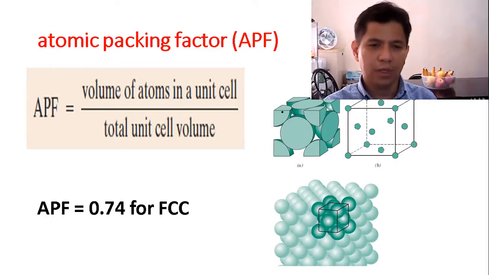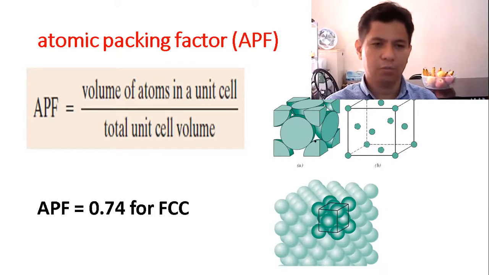Tapos, this looks like, ano, what is this? 1/8, no? This is 1/8 of an atom. So, you have 8 of this. So, that's one atom. So, all in all, we have 4 atoms.